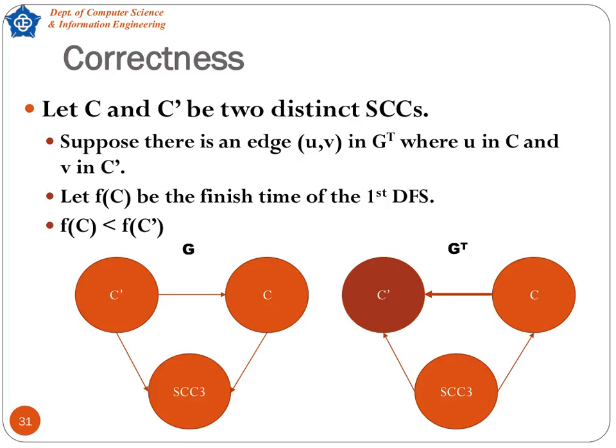Because in G^T, C can reach C' only via that single reversed edge, the DFS must finish exploring C before it finishes C', which gives us f(C) less than f(C'). That ordering of finish times ensures that when we later pull vertices off in decreasing finish order, each DFS tree in the second pass isolates exactly one SCC, solidifying the correctness of Kosaraju's algorithm.